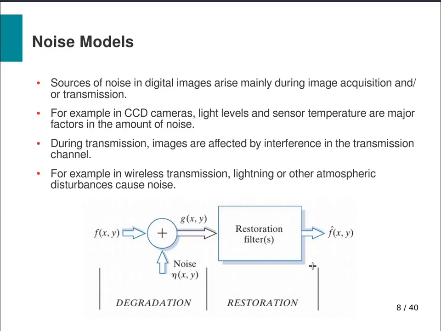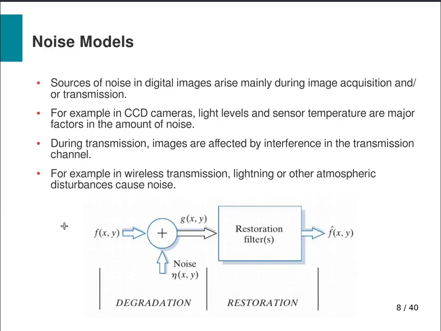The same thing can happen during transmission too: as an effect of interference in the transmission channel, you may end up having additive noise in your images. For example, in wireless transmission, lightning or other atmospheric disturbances cause noise.